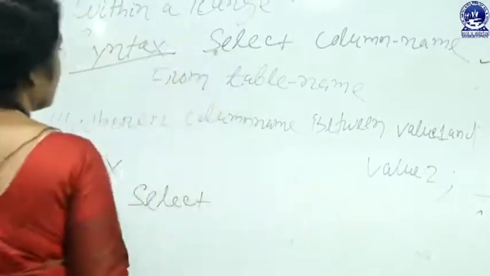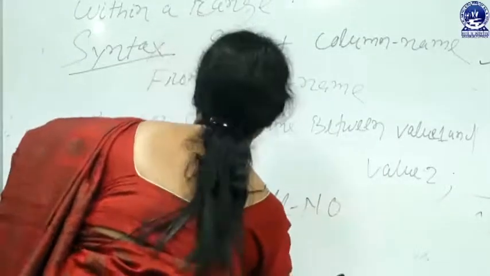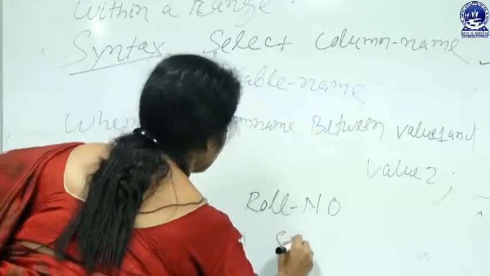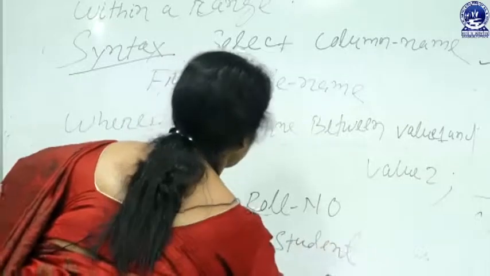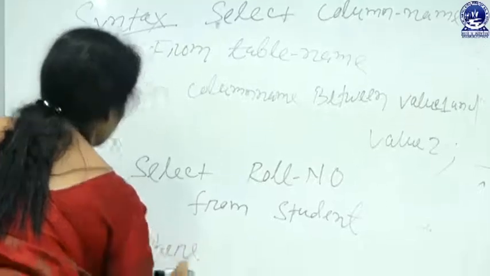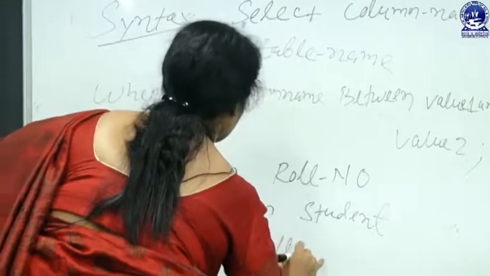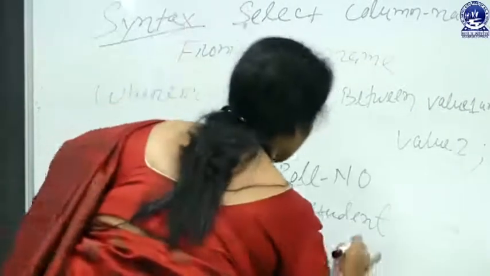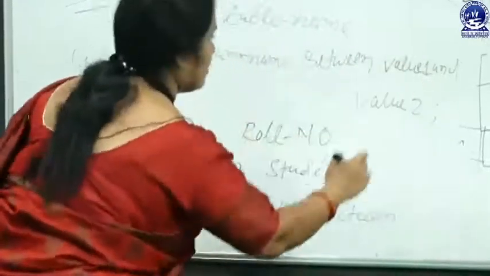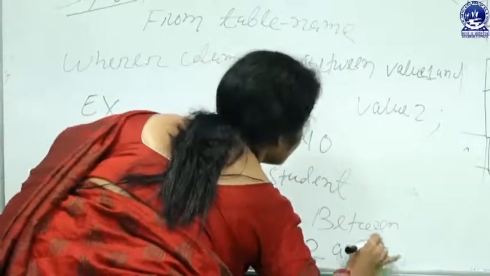For example, select roll number from student where roll number between 2 and 5.